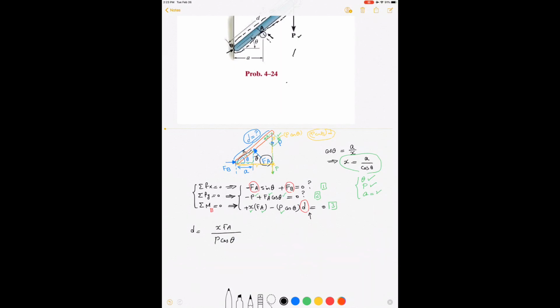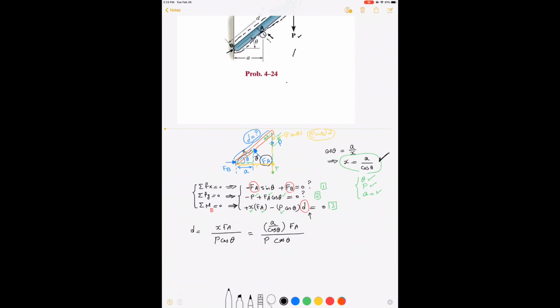According to this equation that I'm check marking right here, x is a over cosine theta, so d is equal to a over cosine theta times FA divided by P cosine theta.